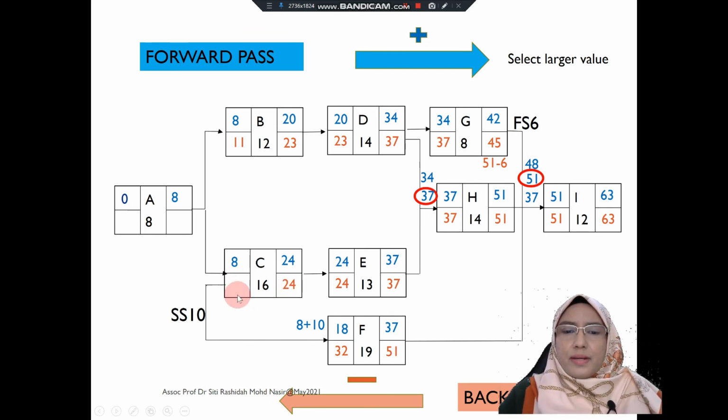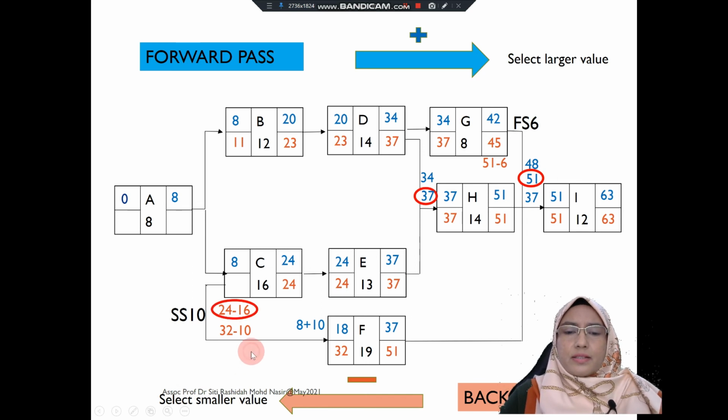In order to determine this value, you need to consider two different directions. The first one is from E, which is 24. 24 minus 16, and you also need to consider the start to start relationship here. So the first one is 24 minus 16, and another one is 32 minus 10. Again, similar to the critical path method, you need to take the smaller number.